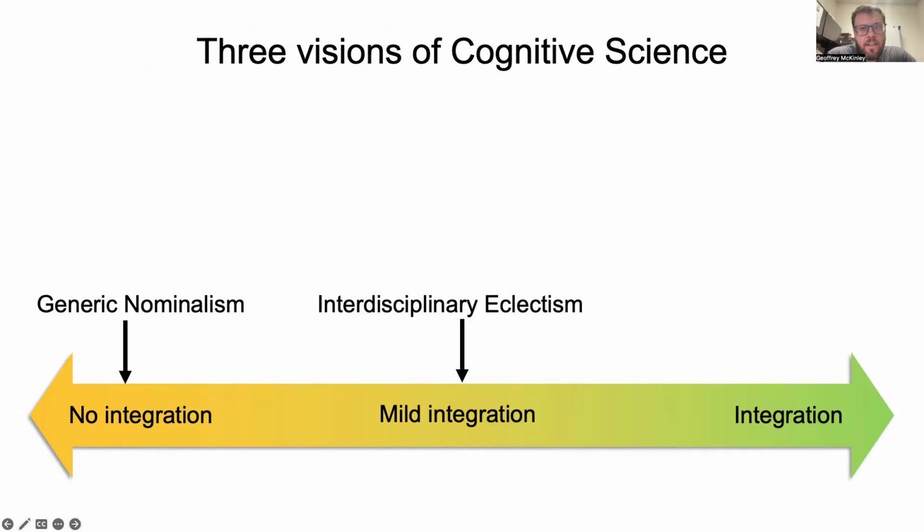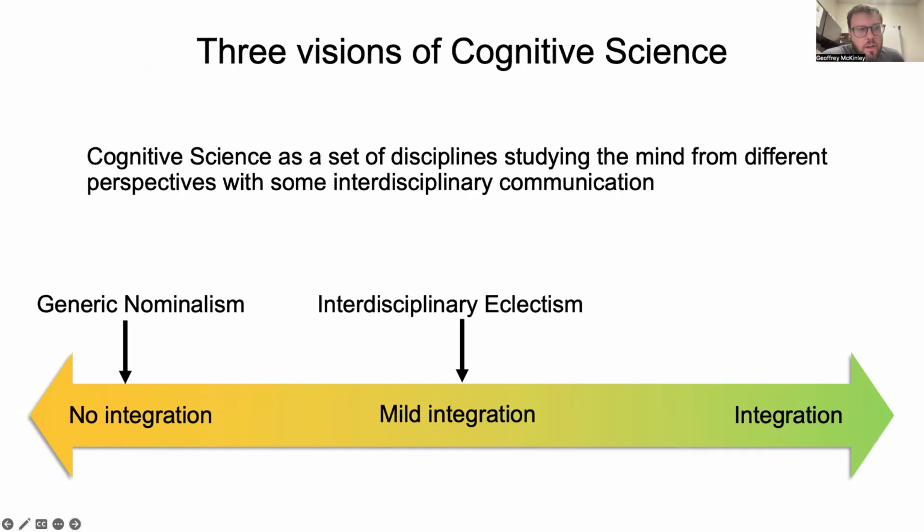The second vision is called interdisciplinary eclecticism. This is where the disciplines talk to each other with the goal of gathering some insights, but none of the disciplines are really trying to integrate or change each other. The analogy I think of is interfaith dialogue.